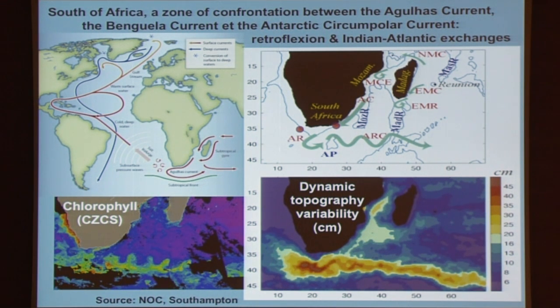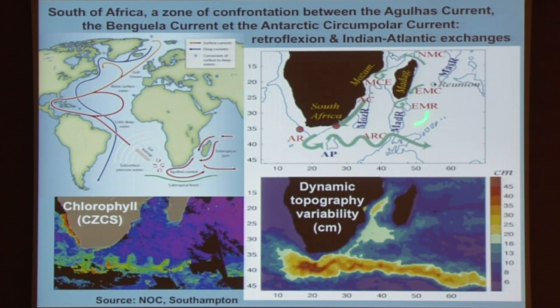I just take one key example because I talked about this warm route of return flow for the global meridional overturning circulation at the southern tip of Africa. And this is a bit of context about it. We will hear two more accurate pictures and talks about it this afternoon, but this is just a very broad and crude summary of what is happening there.